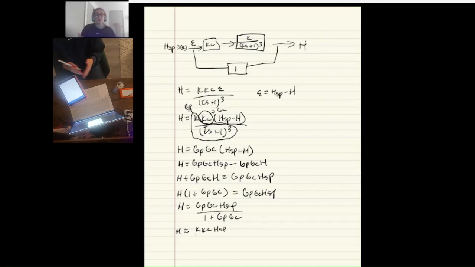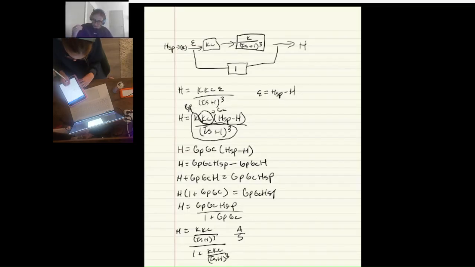Oh, and before we do this, our height set point is going to be A over s, where A is the magnitude of the step. So K Kc over tau s plus 1 to the third, over 1 plus K Kc over tau s plus 1 to the third.